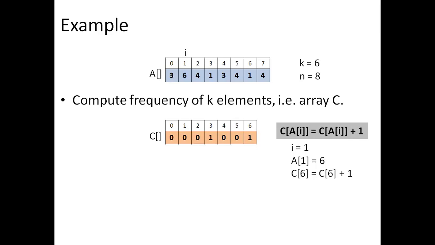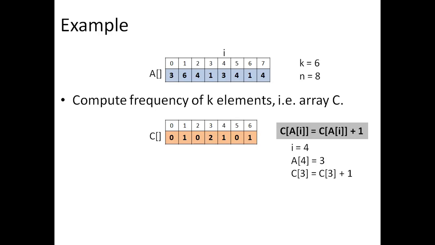Then A1 is 6, so C6 will become 1. Then A2 is equal to 4, so C4 is updated to 1. Then C1 becomes 1 as A3 is equal to 1. In a similar manner, the process is executed for the rest of the elements of array A.